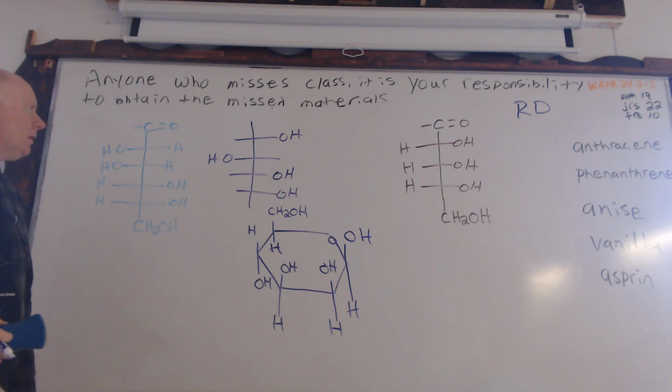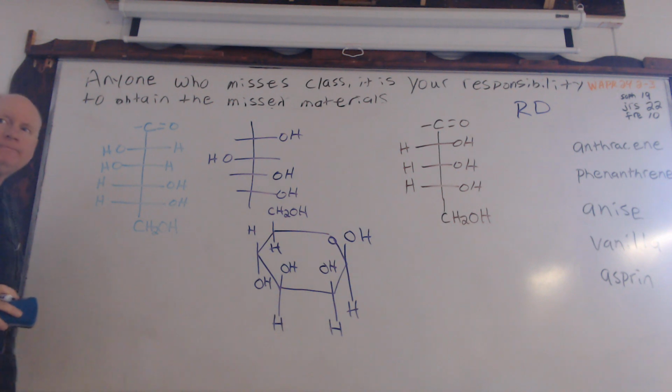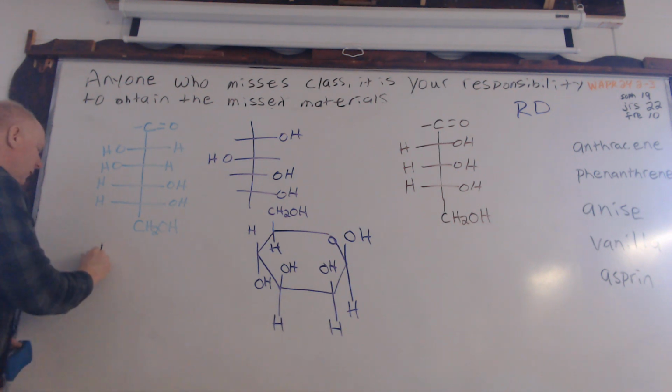Okay, so ones that you need to know how to draw from memory would be glucose, galactose, and don't be too concerned about mannose. You'd have to be given this orientation here, okay? This one is called mannose.